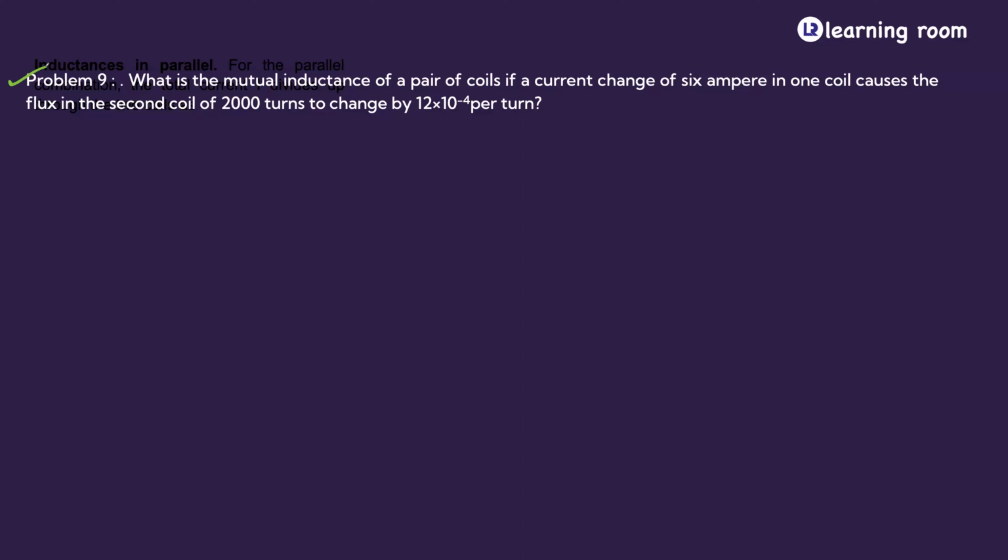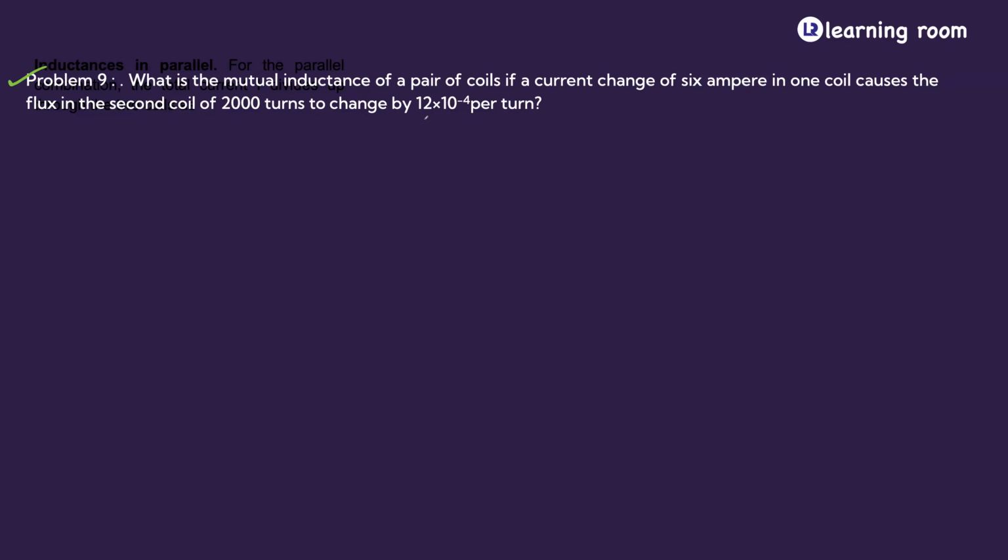What does mutual inductance state? So how will you derive that value of capital M? What was the first expression we wrote? Flux associated with the second coil is directly proportional to the current flowing in the first coil, right? So they've clearly mentioned what is the mutual inductance of a pair of coils if a current change of 6 ampere in one coil causes the flux in the second coil to change by this value.